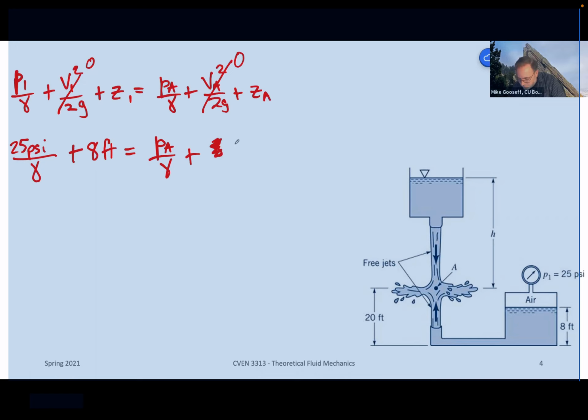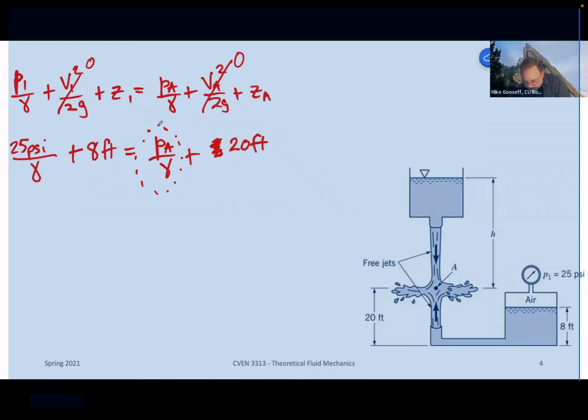This is 20 feet. One thing to note here then is recall that we could replace this from our previous equation on the previous slide to just be H, and then we can solve directly for H, okay?